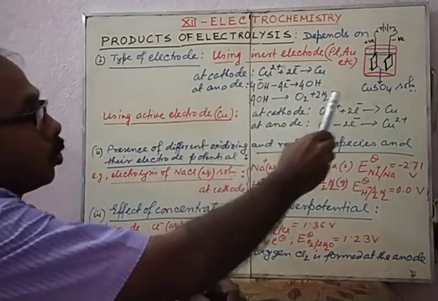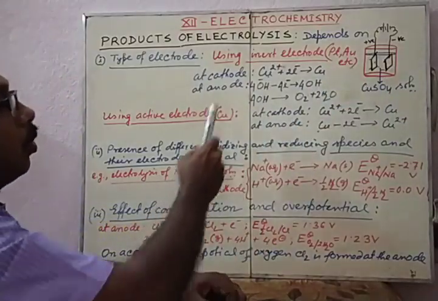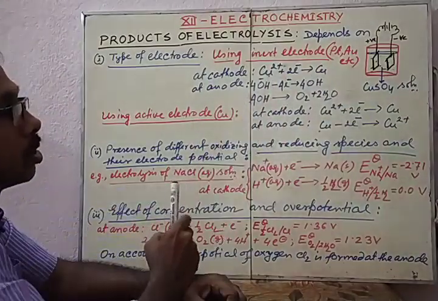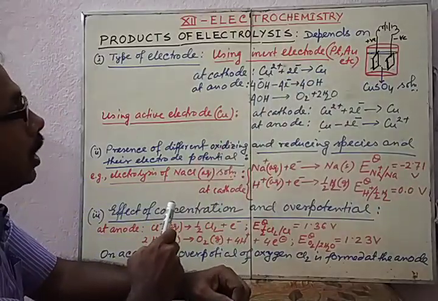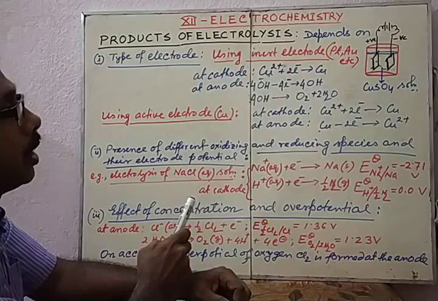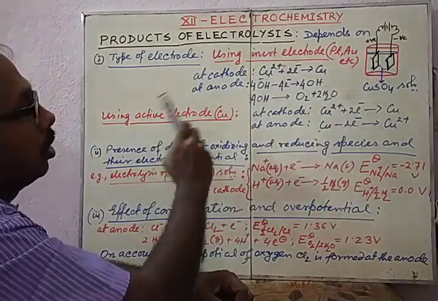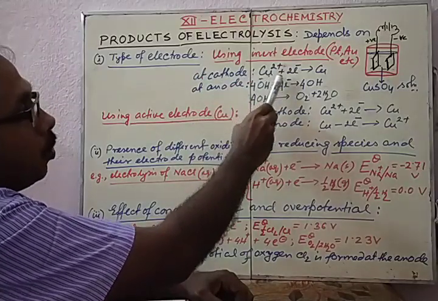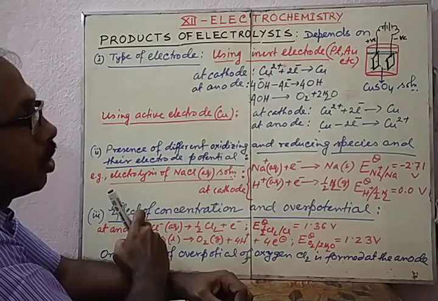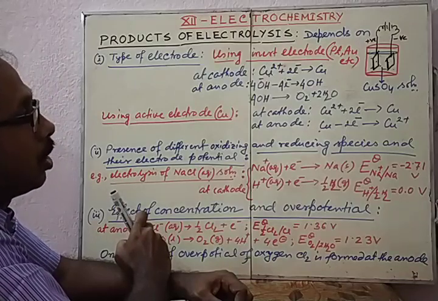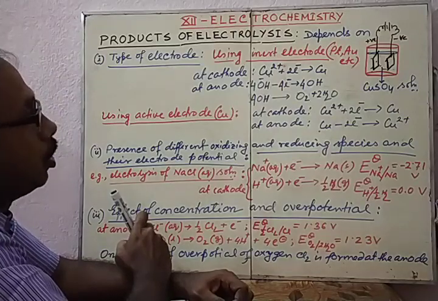Suppose we are discussing the electrolysis of copper sulfate. For that we can use inert electrodes like platinum, gold, etc. Copper 2 plus ion comes from the copper sulfate, and due to ionization of water, H plus and OH minus are formed in the solution.